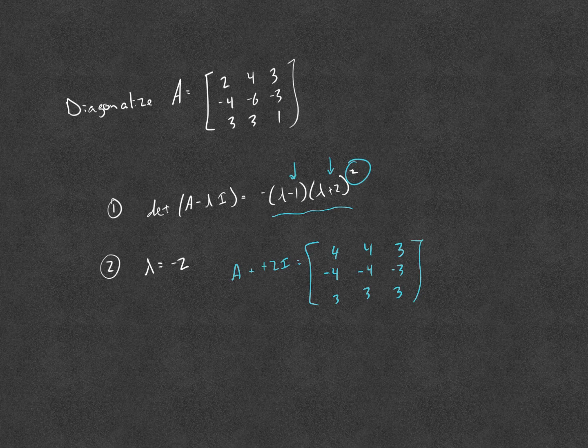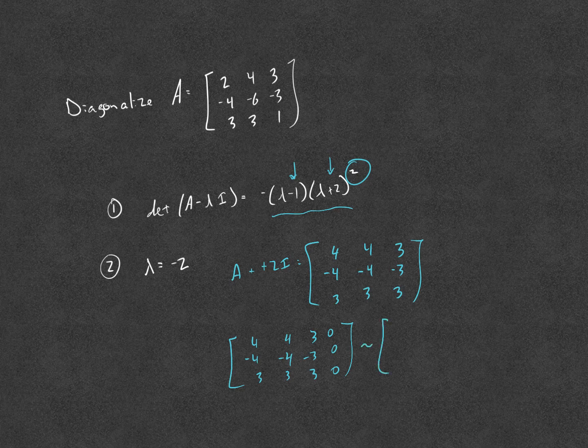All right, so what happens there when we augment it with our column of zeros? 4, 4, 3, negative 4, negative 4, negative 3, 3, 3, 3. Augment it because we're solving A minus lambda I times x equals 0 to find that eigenvector.